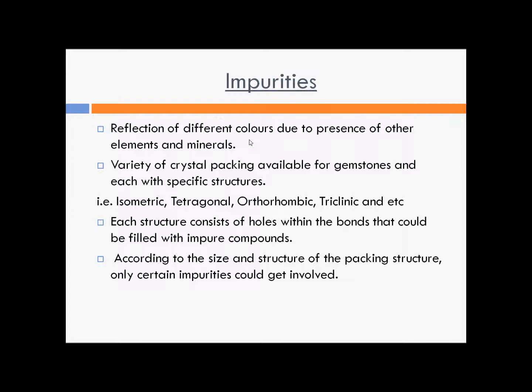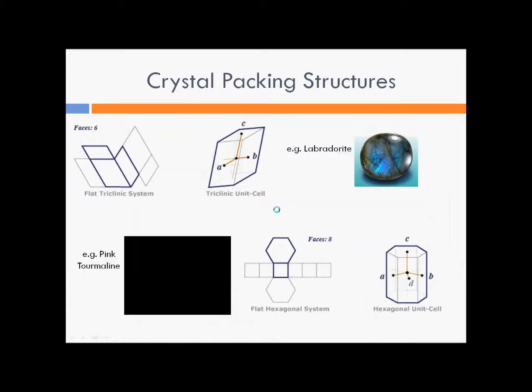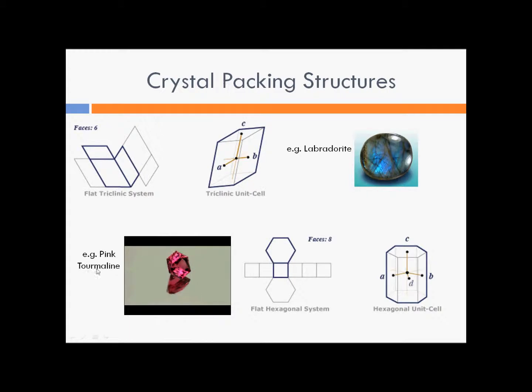Well, this goes back to the crystal packing structures that each gemstone contains. As you can see here, diamond contains a cubic or isometric structural packing, and a more complex gemstone such as pink tourmaline contains hexagonal ones, as you can see in this video right here.